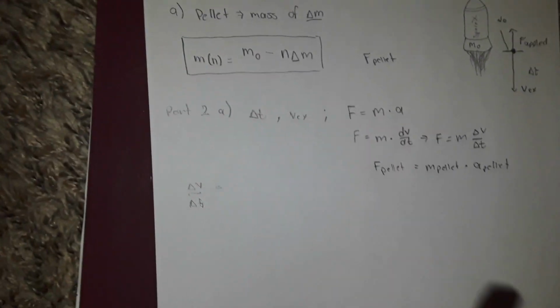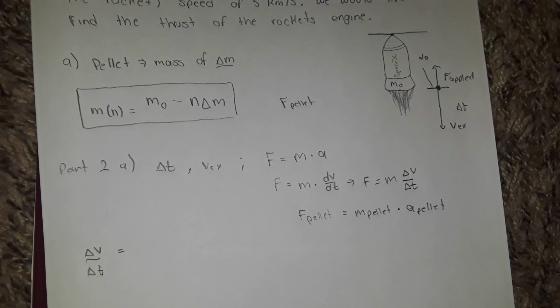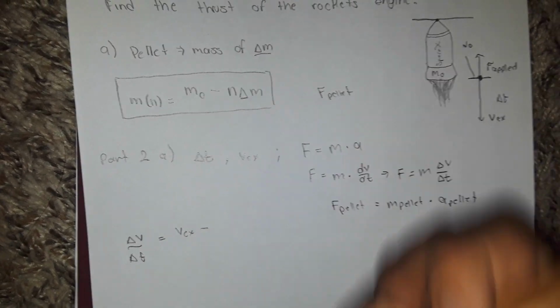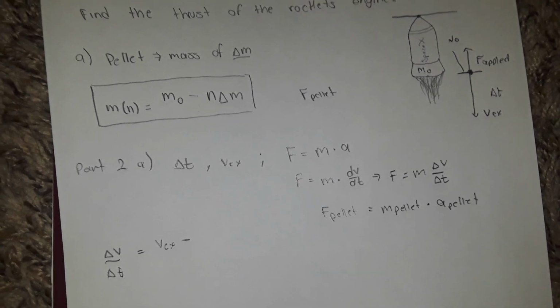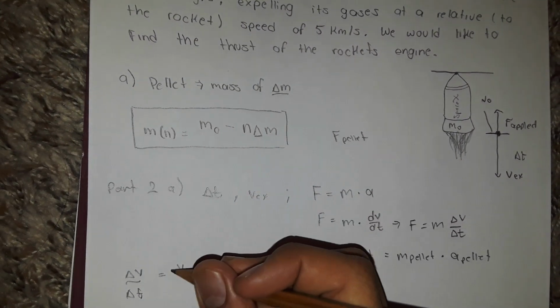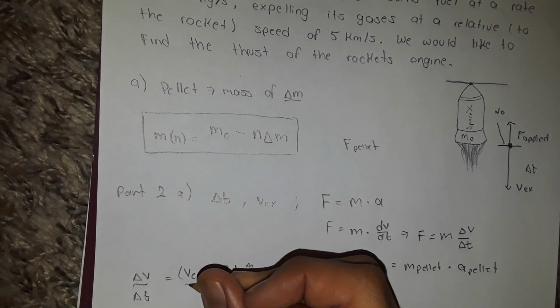In this case, the rate of change for the pellet is going to be its final velocity, which we already know is going to be Vx, minus its initial velocity. And since we know it started from rest, this is just going to be 0. The units are meters per second.